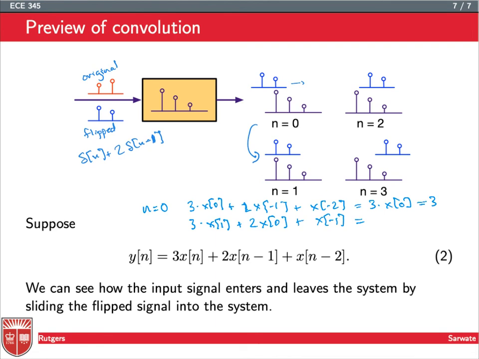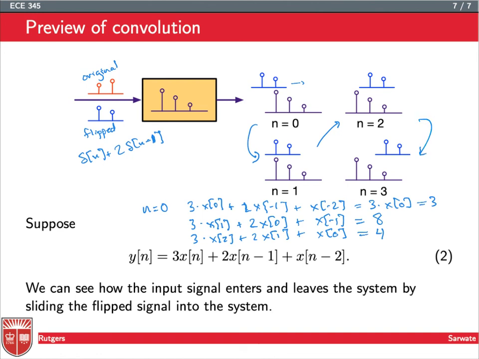So 6 plus 2 is going to be 8. Then we clock it in once more, and we get 3 times x of 2 plus 2 times x of 1 plus x of 0. So here I'm just going to get 2 times x of 1, which is 2, plus x of 0, which is 2. I'm going to get 4, and so on and so forth.